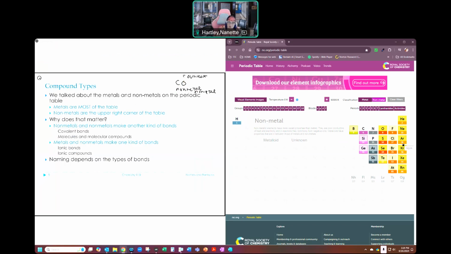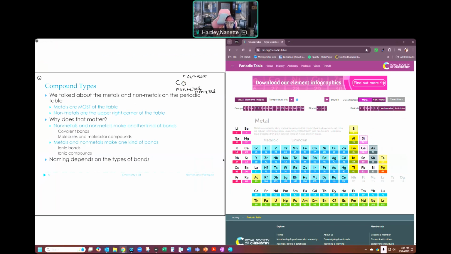We can also have a metal to nonmetal bond. So if we talk about any of these metals over here, we could talk about like magnesium, right? We could talk about magnesium bonding to oxygen. Okay, and I know that magnesium is a metal.